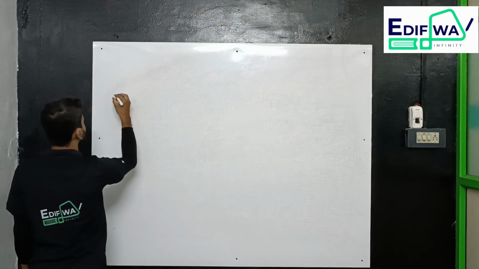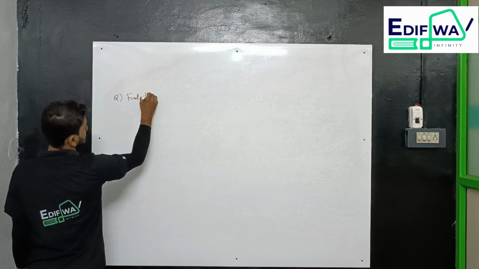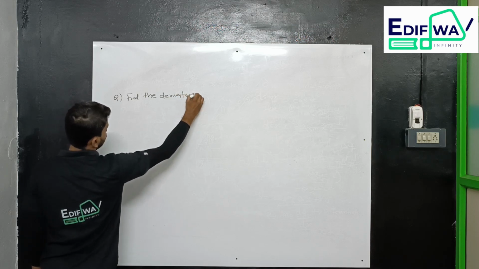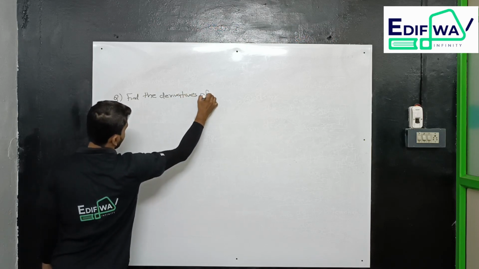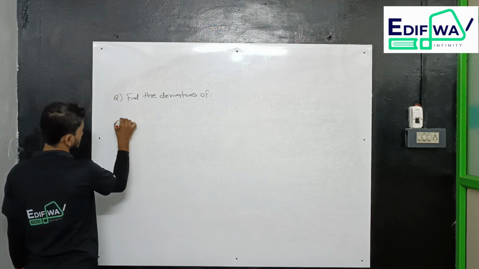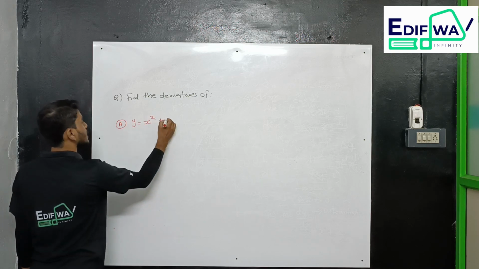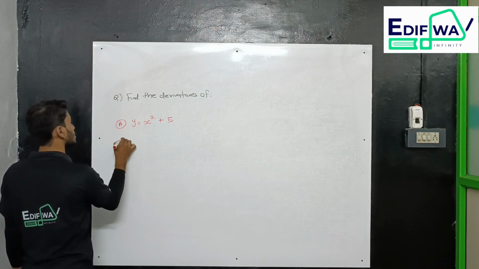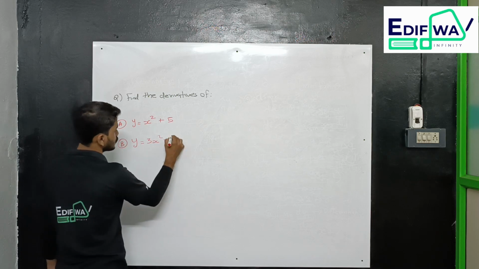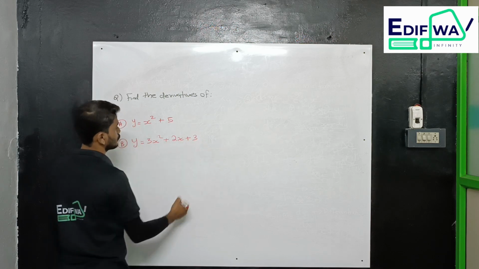Okay, so let's see. Write the question. Find the derivatives of: your A question is y is equal to x square plus 5. Your B question is y is equal to 3x square plus 2x plus 3.